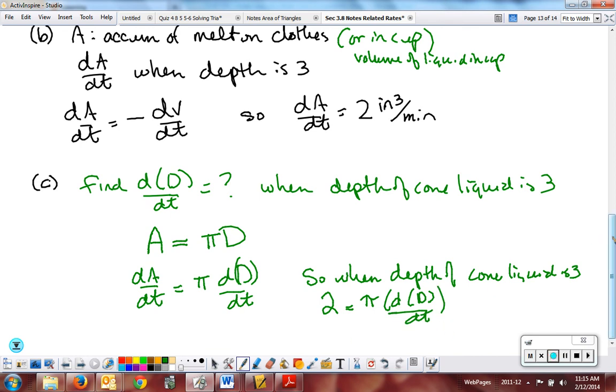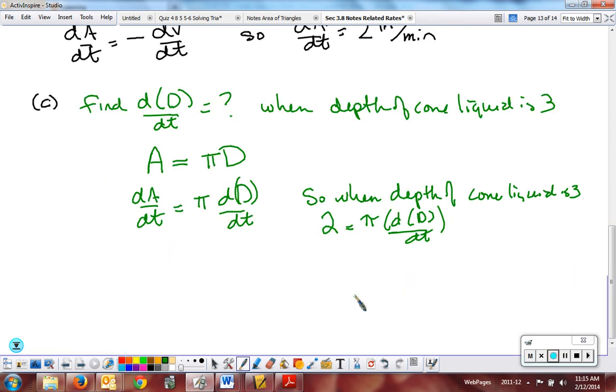So what is d dt? And what are the units? Inches per minute. Okay, there we go.